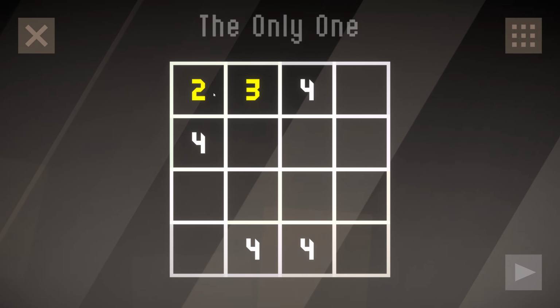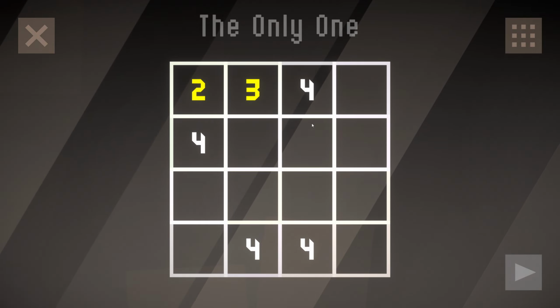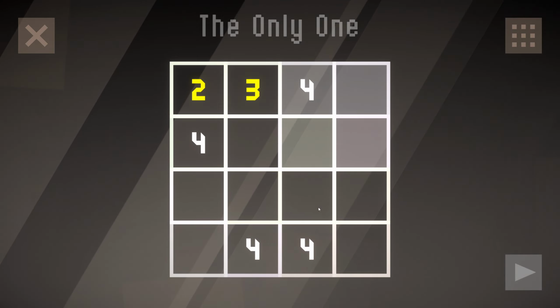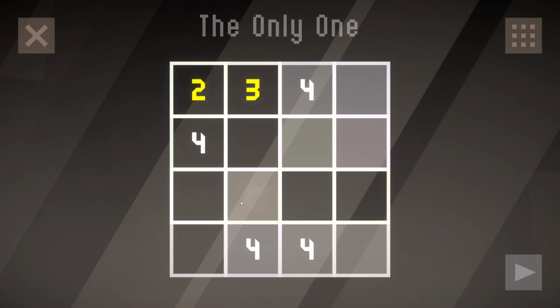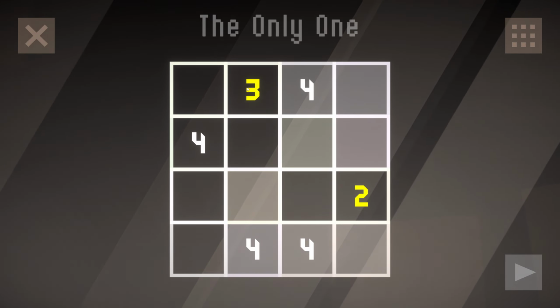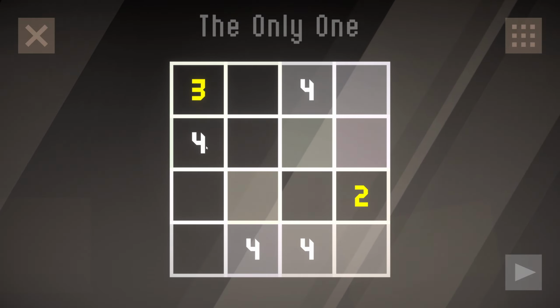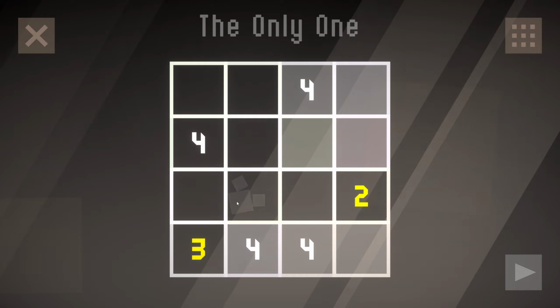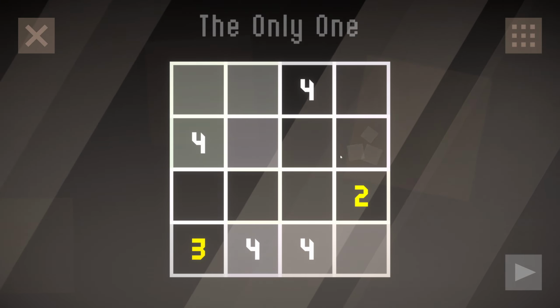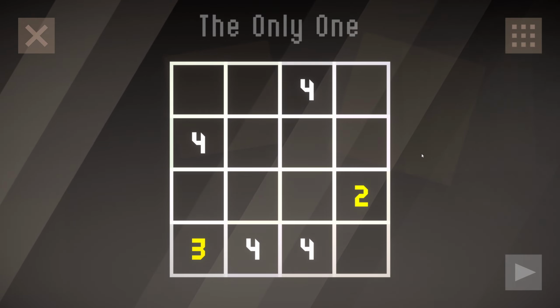I wish I could put these off to the side somewhere first. 4. 4. 2. This 4 is not good. I think it must be 2 groups of 4, right?